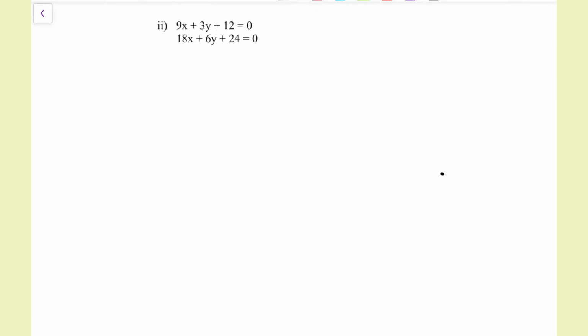The second question is 9x plus 3y plus 12 equals 0 and 18x plus 6y plus 24 equals 0. So we need to compare the ratios of A1 by A2, B1 by B2 and C1 by C2. So let us check it out.